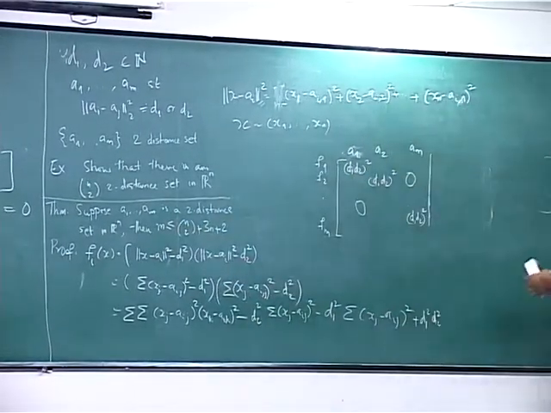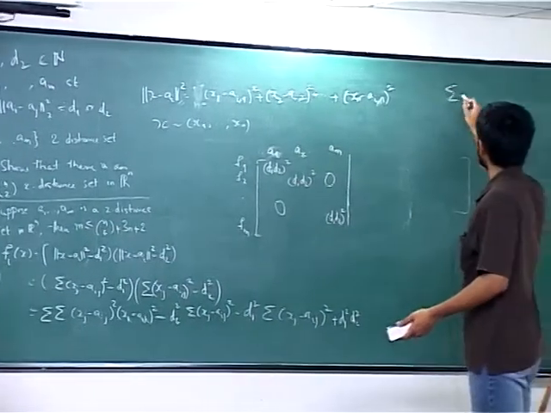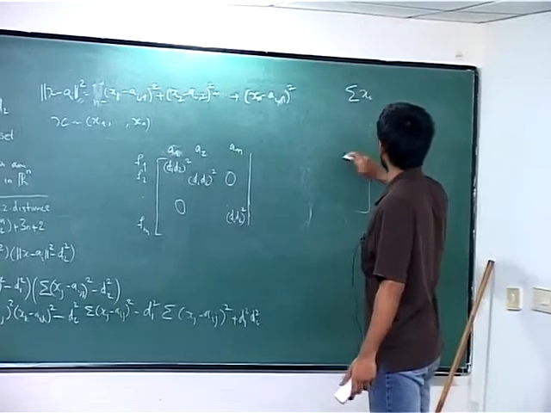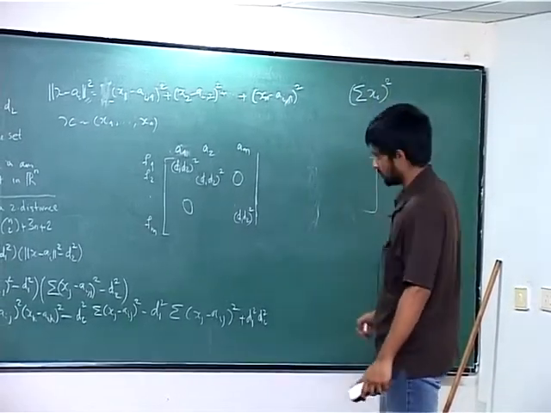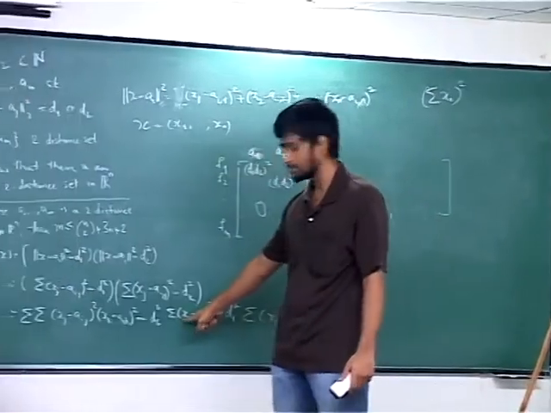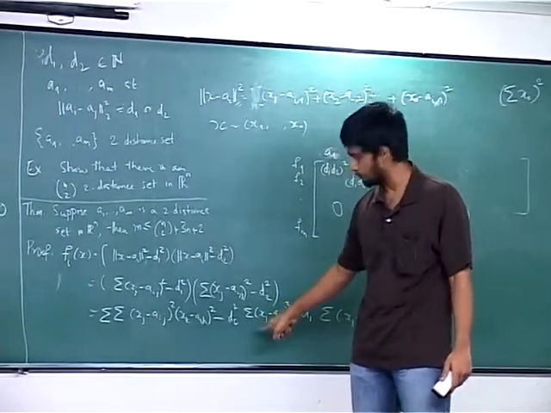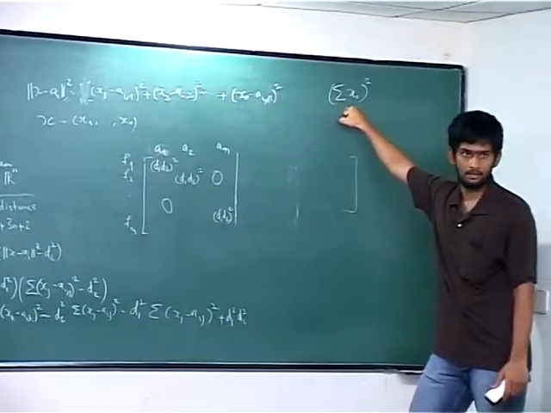So I claim that these values are going to give me all the xj squared terms which are going to come in there. I can get hold of all those terms from this polynomial here, right?